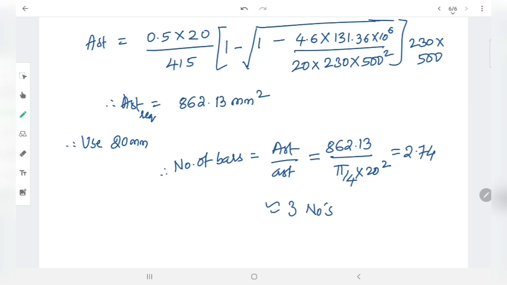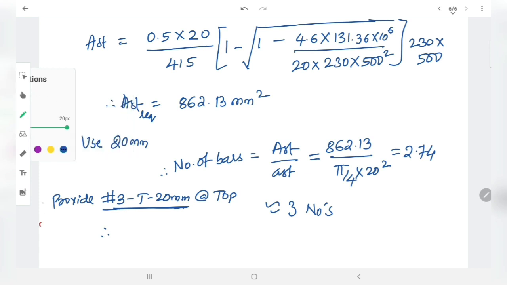On the top side, that is the tension side, I will write the statement: provide 3 numbers of T20 mm at top. As it is a cantilever beam, the tension reinforcement will be at top.